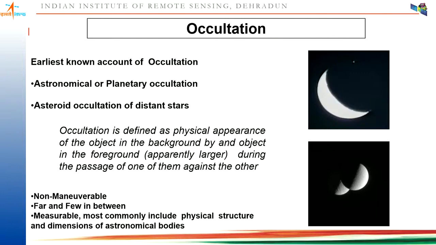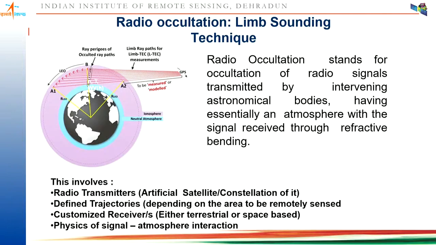Radio occultation stands for the occultation of radio signals transmitted by intervening astronomical bodies having essentially an atmosphere, with the signal received through refractive bending. Here, if you can see, the low earth orbit satellite is on this side and GPS is on this side. The low earth orbit satellite has a receiver, and it will continuously receive the signal from the GPS satellite.